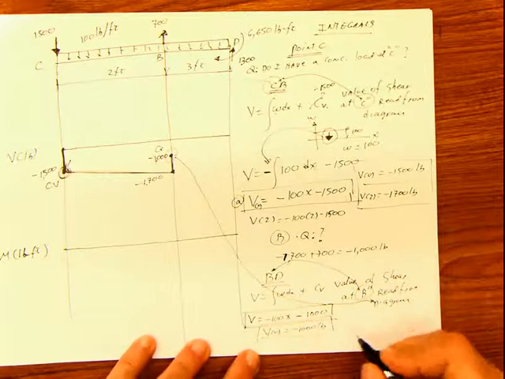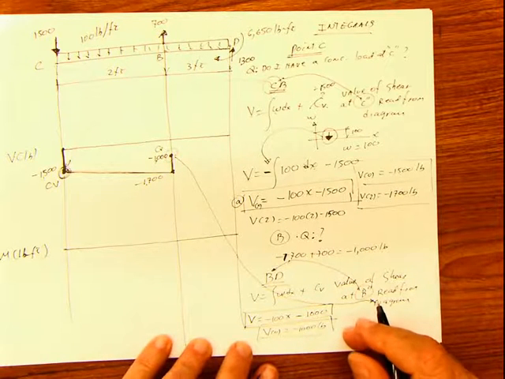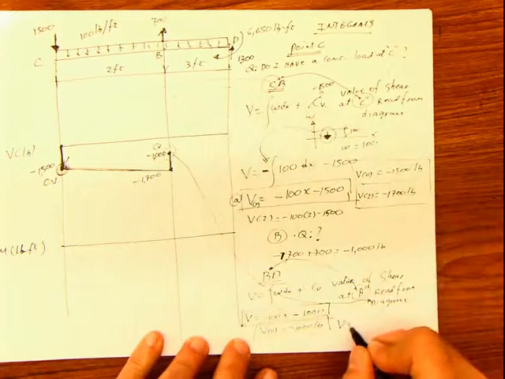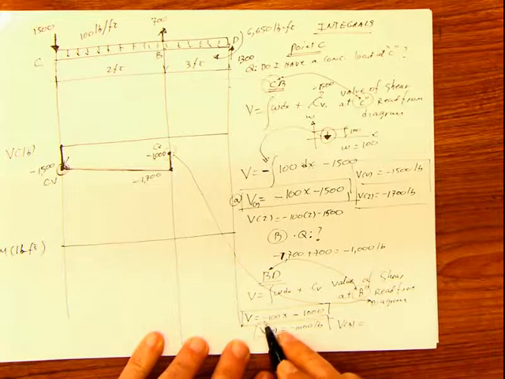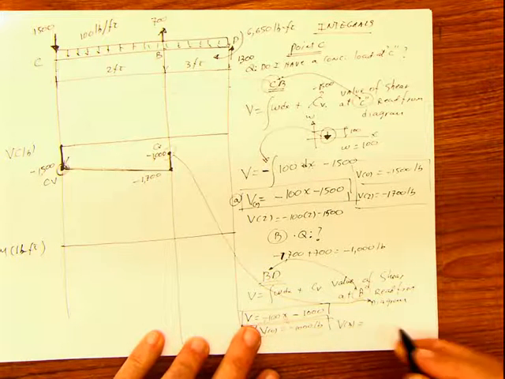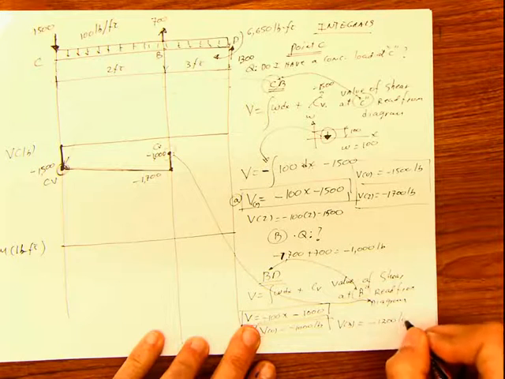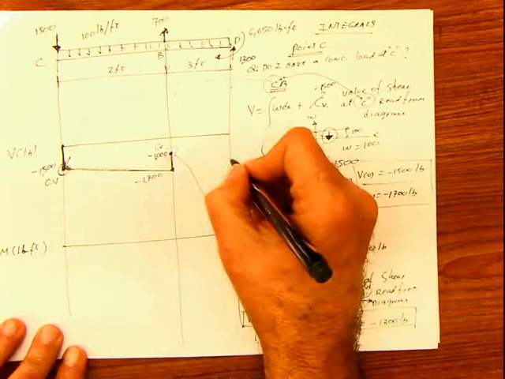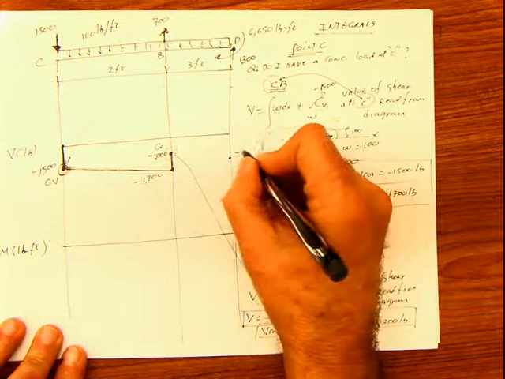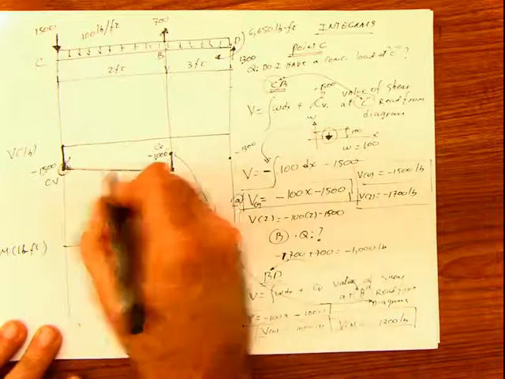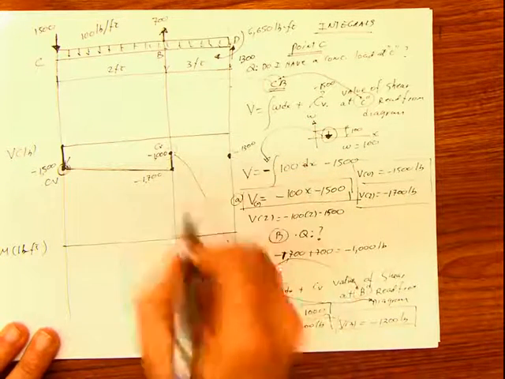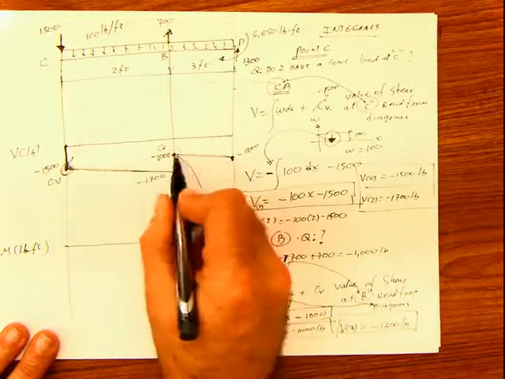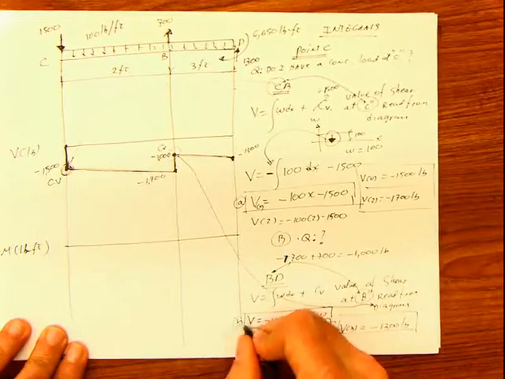And for x equal the distance, which is 3, V of 3 is going to be negative 300, negative 1000 is negative 1300 pounds. That means that from this point we're going to reach this value here, which is negative 1300. Actually, it should be above there. And this is a straight line, so that means this value is going to be a straight line here. I'm going to put here equation B just in case.